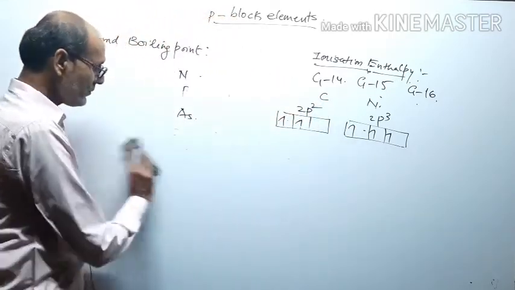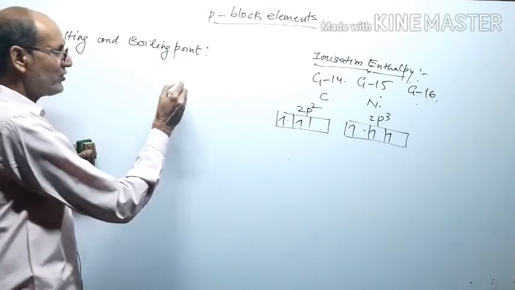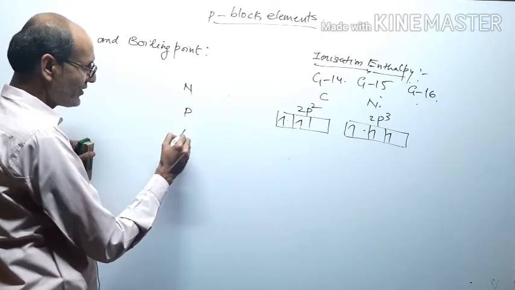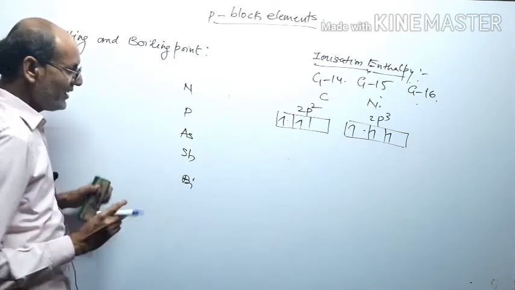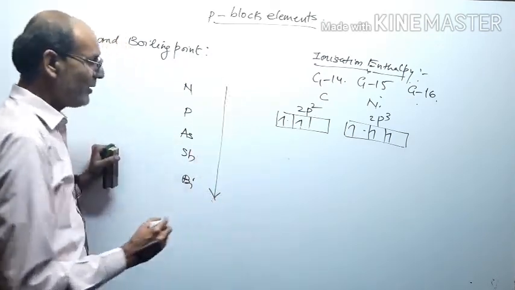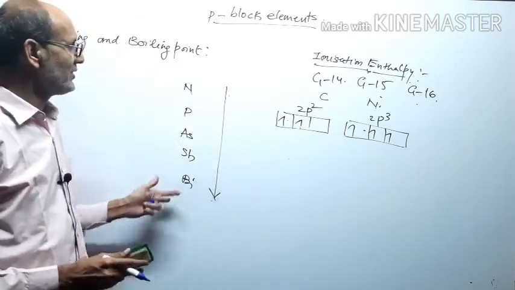Now see, if we move from top to bottom, from nitrogen to phosphorus, arsenic, antimony and bismuth, what do you observe? We observe that on moving from top to bottom, ionization enthalpy decreases because the size of the atom increases.